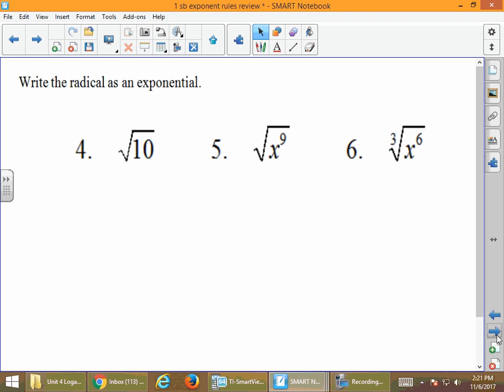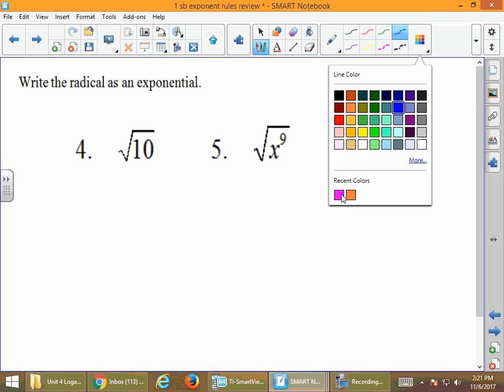But the one thing that we need to know is, what is the number in the check mark part of the radical when it's not written? Think about how we describe this. This is the square root of 10. So what we're looking at is square. How do we write square?